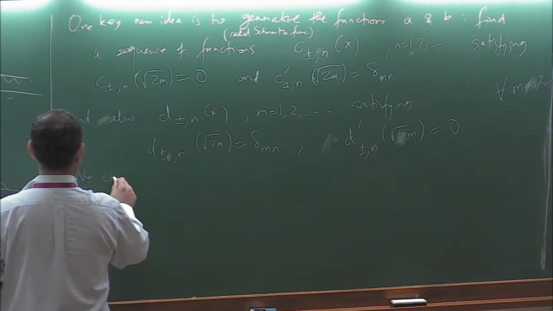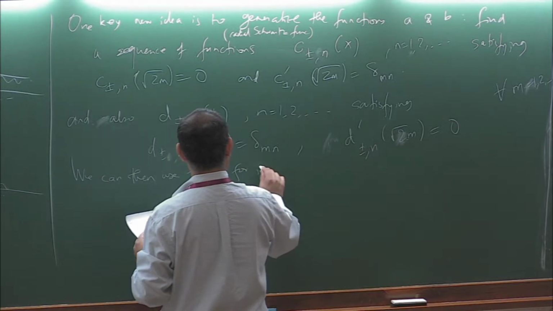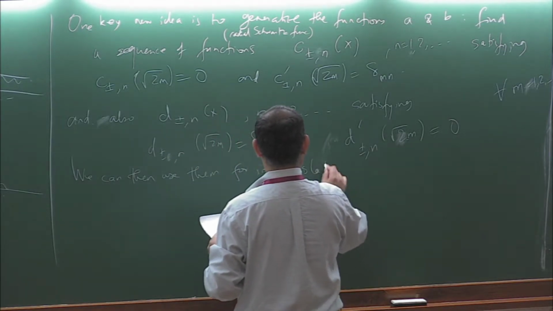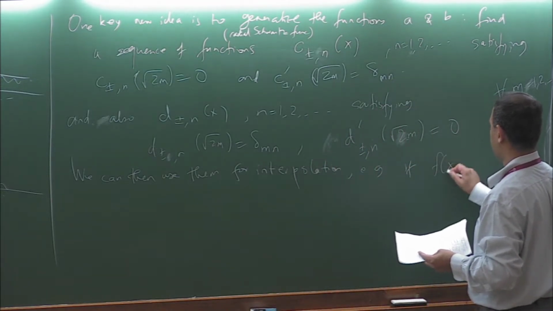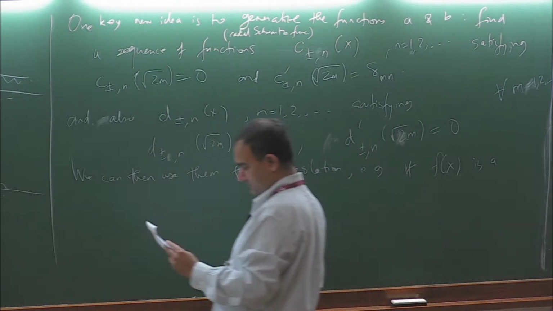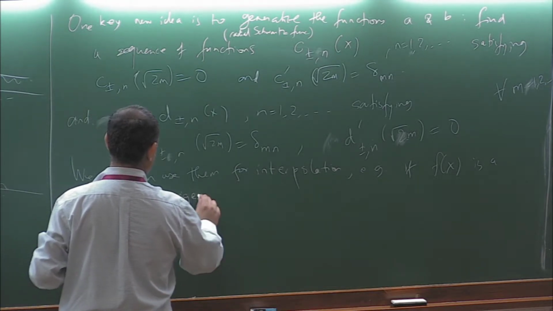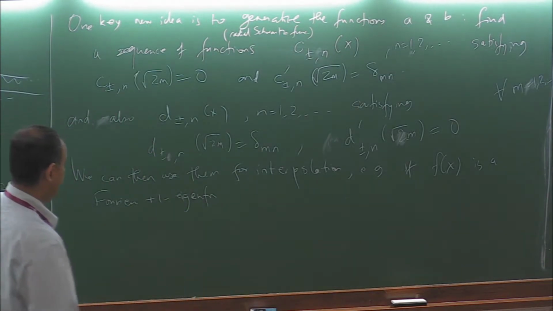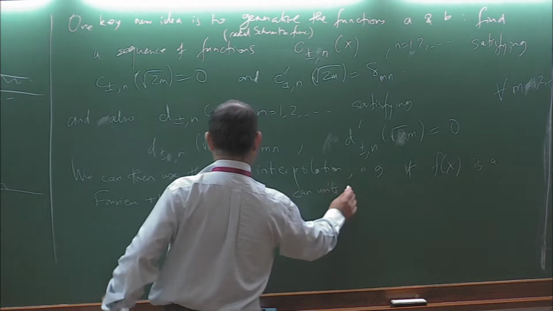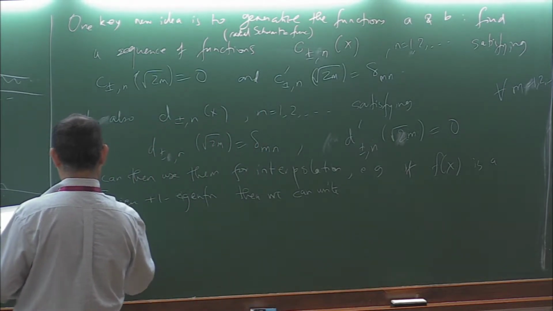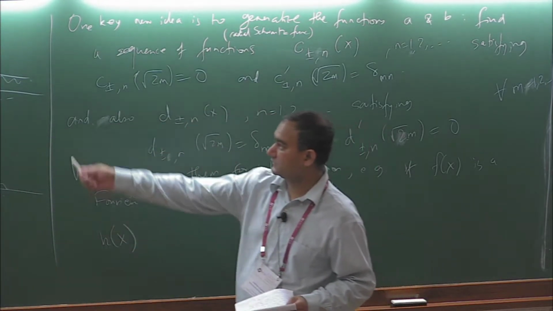So for example, if f of x is a Fourier plus 1 eigenfunction and a Schwartz function, then you can try to write the auxiliary function for that f.